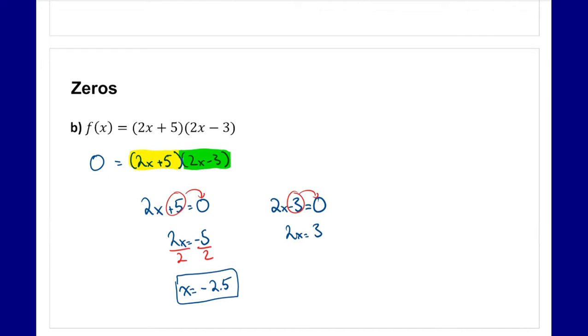I can just write 3. Divide both sides by 2. x equals 1.5. So in this case, my two zeros are negative 2.5 and 1.5.